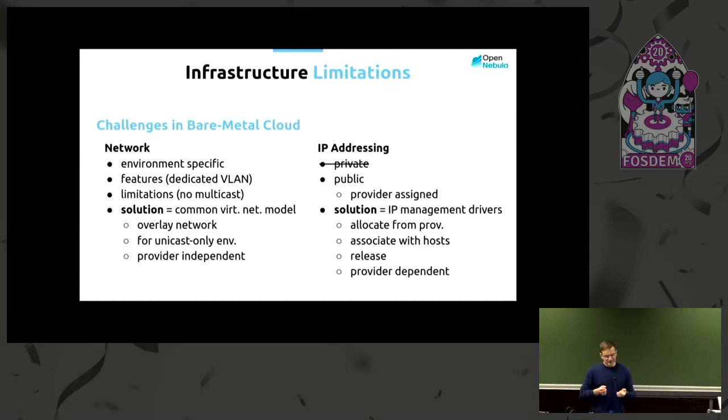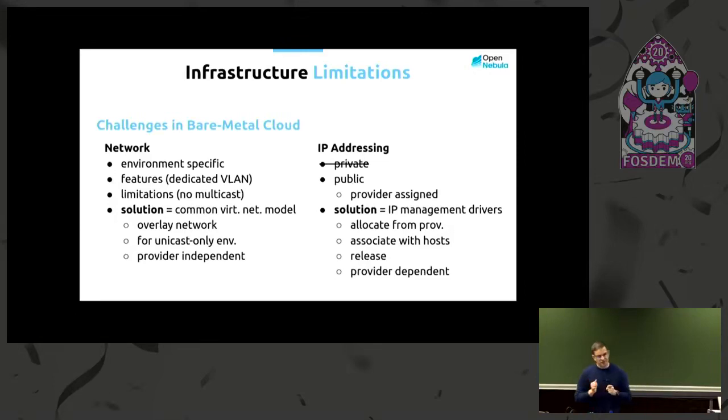So this workflow needs to be automated. And in case of edge clouds, it's automated through some kind of IP management drivers, which go to the provider and tell it, give me some IP addresses. So that's just one part of the problem.